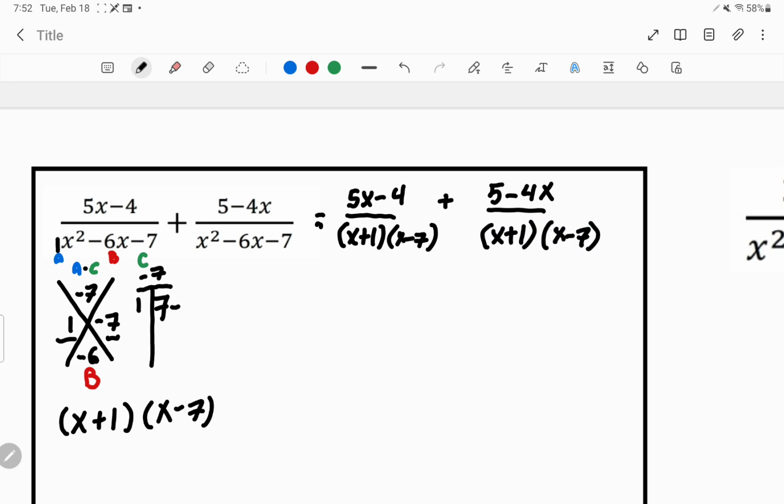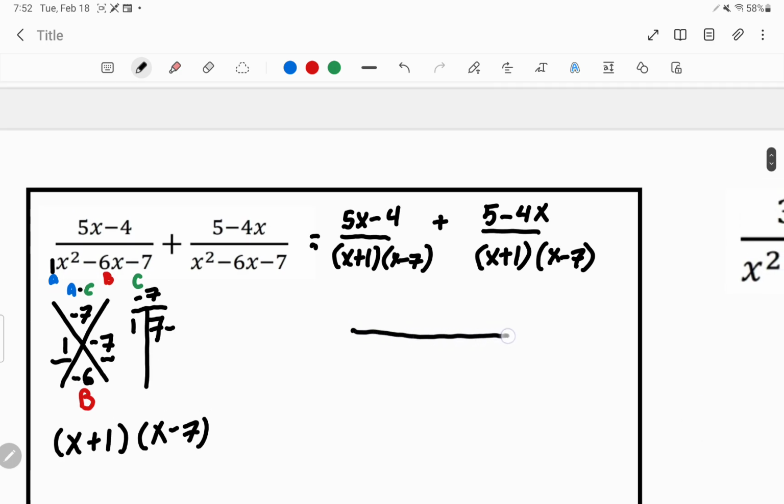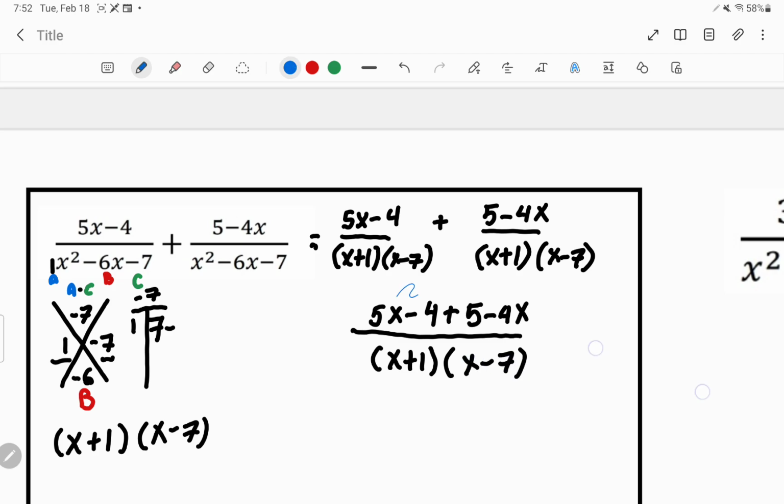Like we mentioned before, we have the same denominator, so we're going to turn this into one big fraction. So it's going to be 5x minus 4 plus 5 minus 4x. On the bottom, still the same thing, x plus 1, x minus 7. We're going to find my like terms, because we have to combine them.